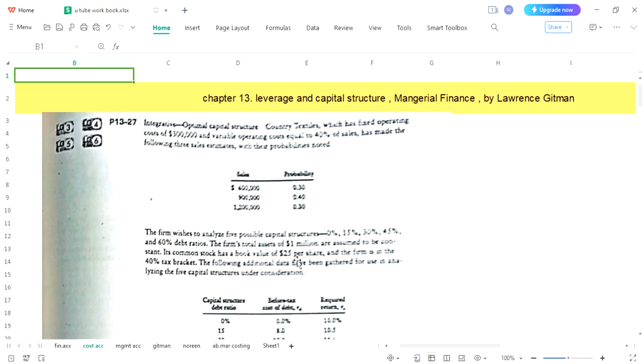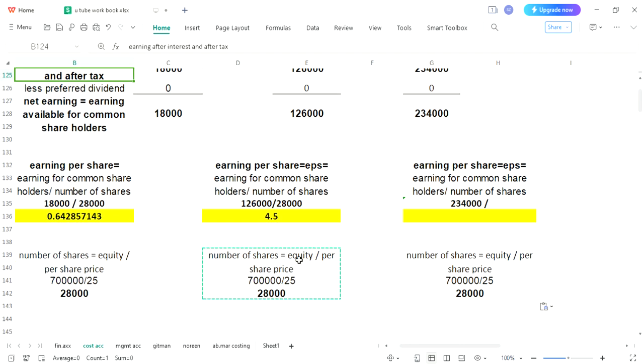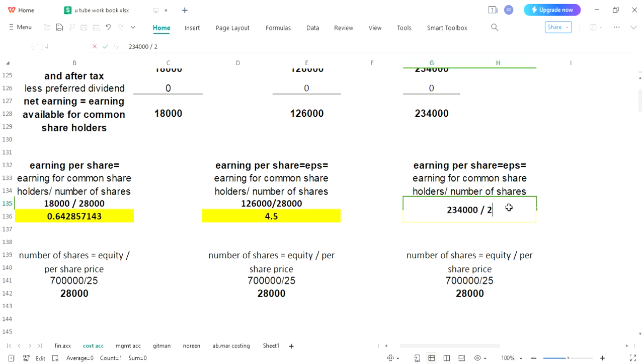Stock has 25 per share. In this way, 7 lakh equity, 25 per share price, we have got the number of shares, and this number of shares would be put in the previous formula to calculate EPS. What we need is earning available for common shareholders, and it would be divided by the number of shares. The statement has been completed, and we can now put it on our calculator.